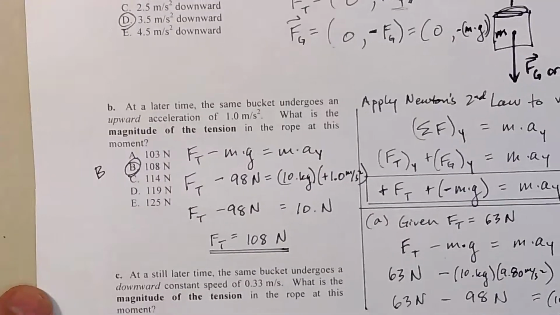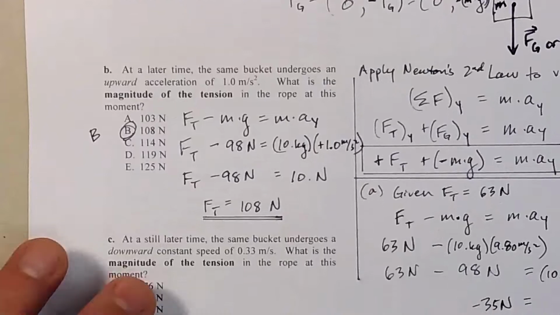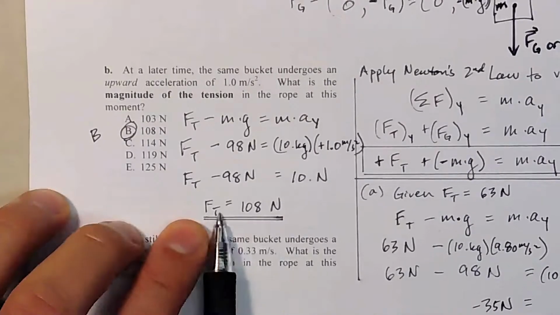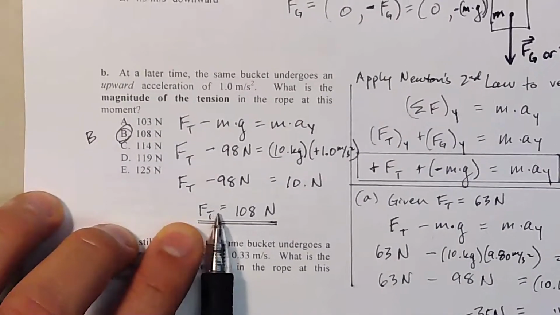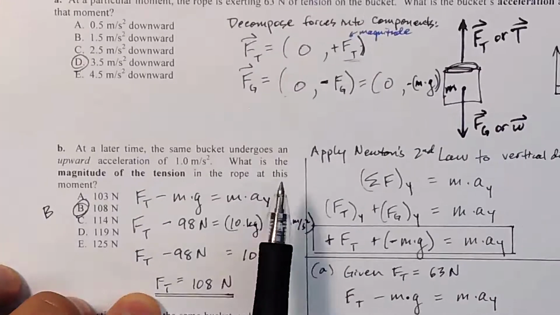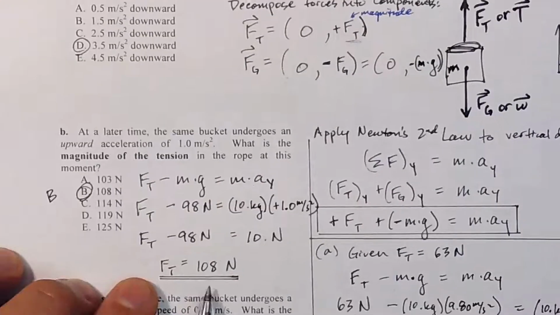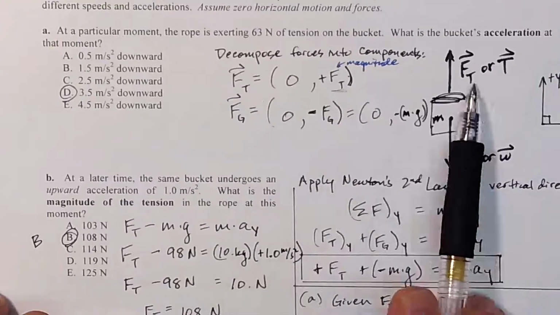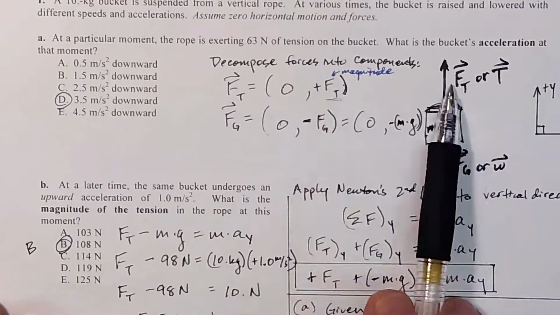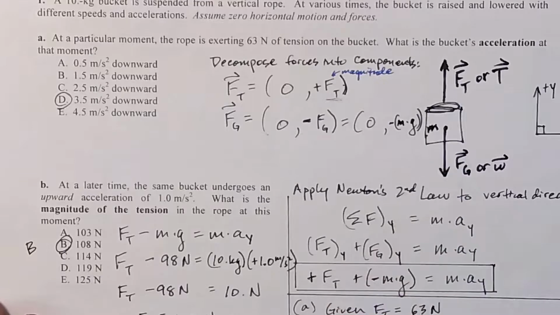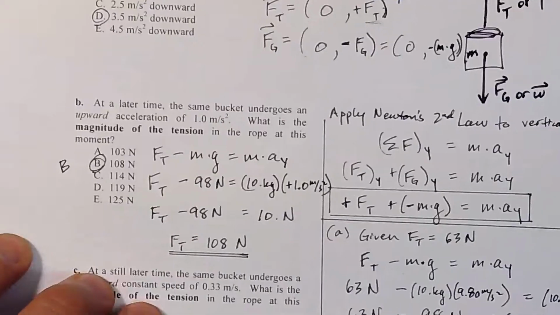So once again, this is the magnitude of the tension force. If I want to know the direction, we just know from the situation of the problem, the tension always acts in the upward direction. So the magnitude is 108 newtons in this case, and the tension is upward.